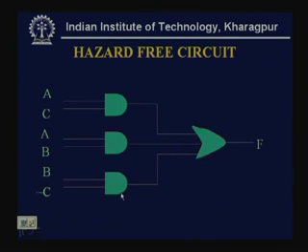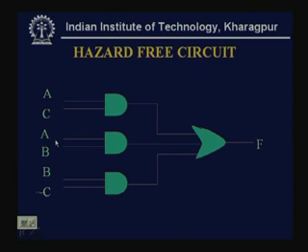There are 3 product terms and this is a sum of products form. So, whatever be the value of C or C dash, even if C switches from 0 to 1 or 1 to 0, it is actually immaterial, because the truth table of an OR gate is that if any one of the inputs of the OR gate is 1, the output will be 1.